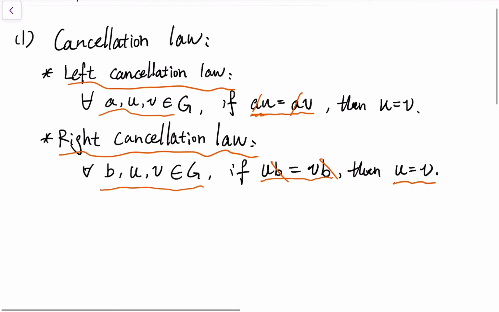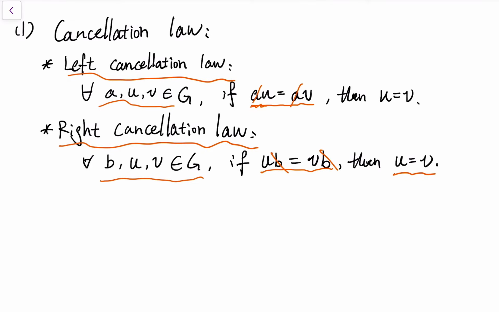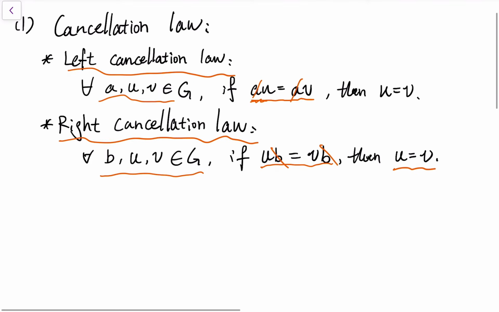And we can prove that a group always has the cancellation law when you do the operation. So, just a proof. To prove this, because the proofs for the left and right cancellation laws are basically the same, the only difference is the position of the element.